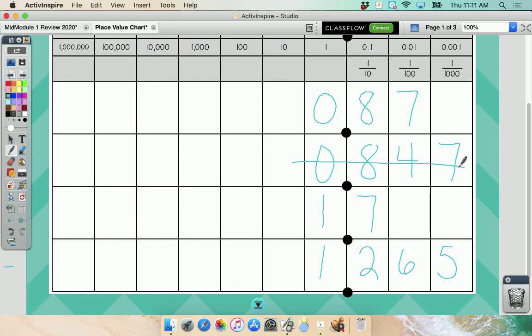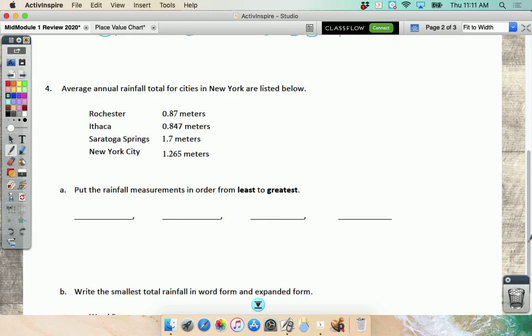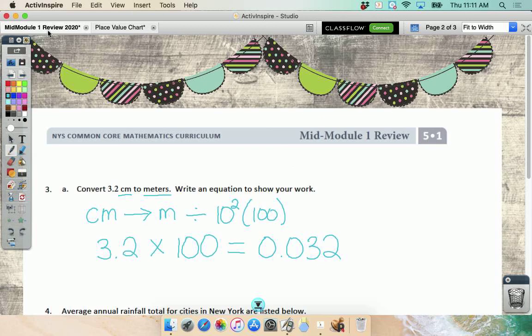The second one, 847 thousandths is the least. Okay, so put that on your paper. Which one is going to come next? 87 hundredths, right? 87 hundredths.